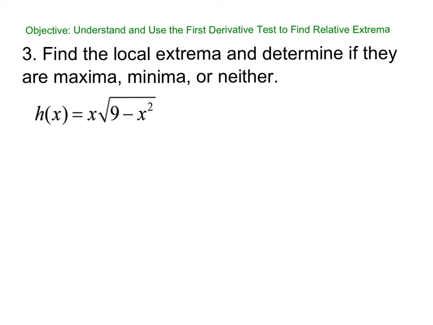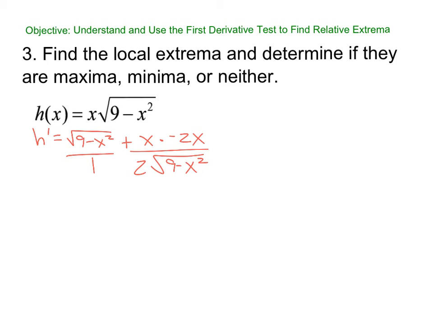All right, here's another one. See if you can do this one on your own. All right, h prime, derivative of the first times the second, plus the first times the derivative of the second. Chain rule, so derivative of the inside is negative 2x. All right, set this equal to 0.